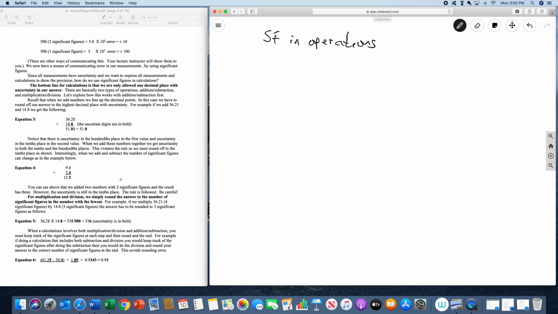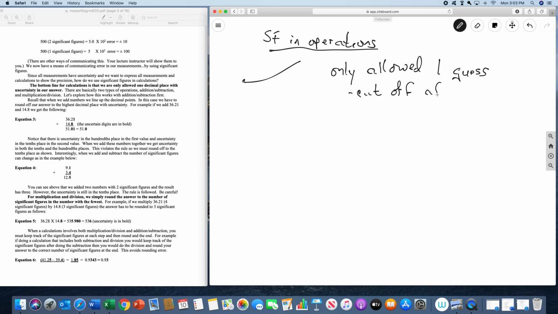But the bottom line is that you're only allowed 1 guess. And so what you do is you do the math and then you cut it off after the first guess.